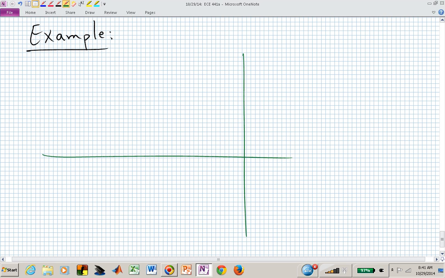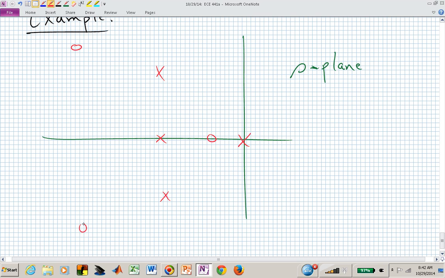Rule number 2, S-plane. Now I'm changing up the plant. Suppose that I now have a plant that has a pole there, a zero there, a pole here, a pole here, a pole here, a zero here, a zero at its conjugate, and a pole there.